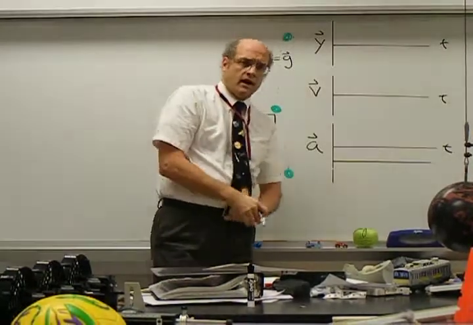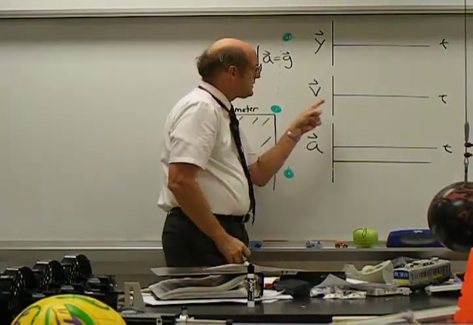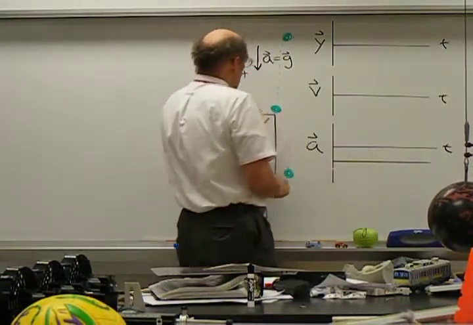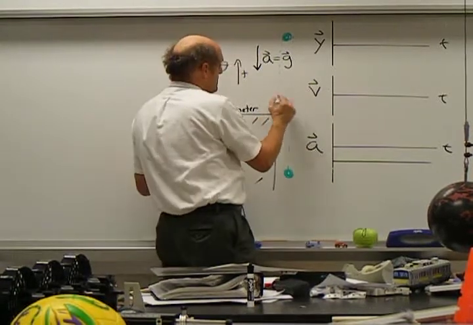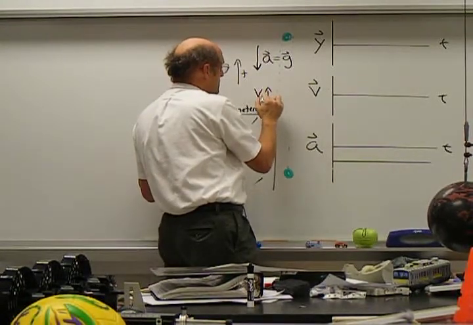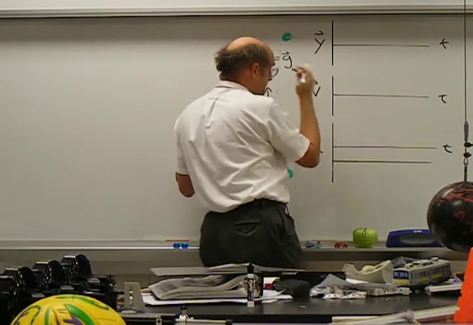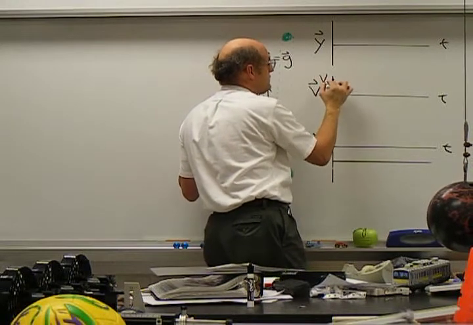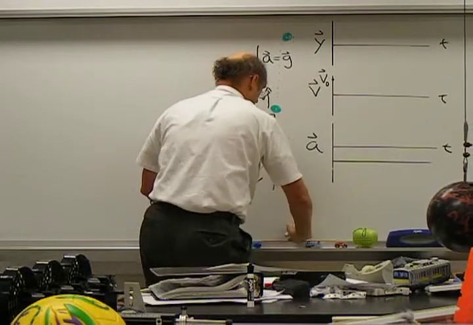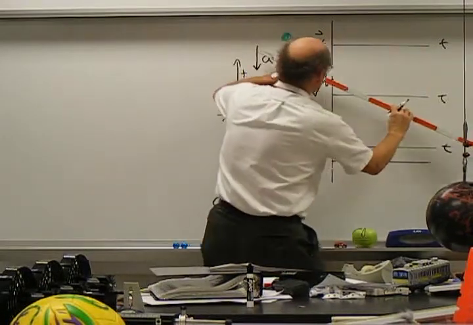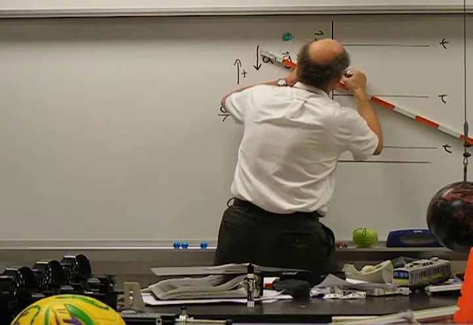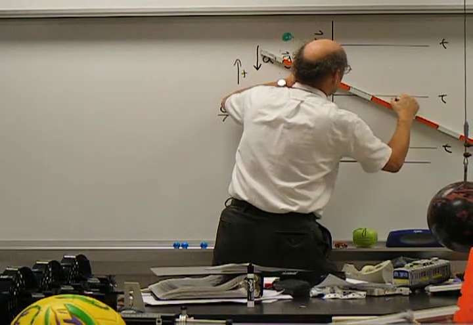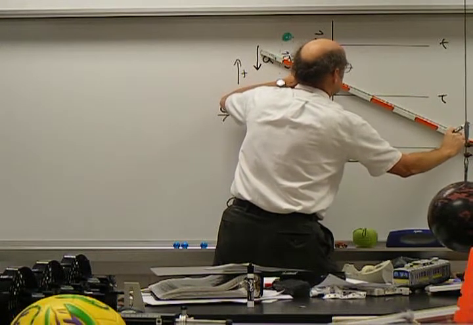The next easiest graph would be this one. The ball leaves my hand, it's traveling in the positive direction. So I'm going to start here. This will be my V0. When it reaches its highest point, the velocity is 0, and then it starts falling back down.